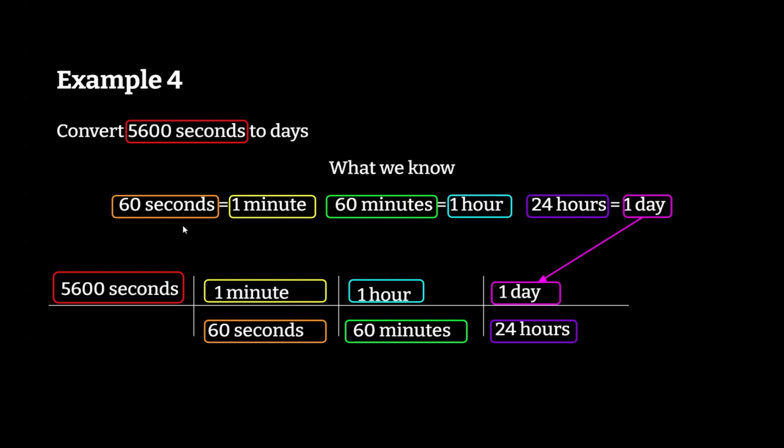So we are going to get our 5,600 seconds times 1 times 1 times 1. We'll find our answer. Our next one will be our 60 times 60 times 24. We'll get our answer, and then we will divide those. Whenever we do that, we will end up with 0.065 days as our answer.